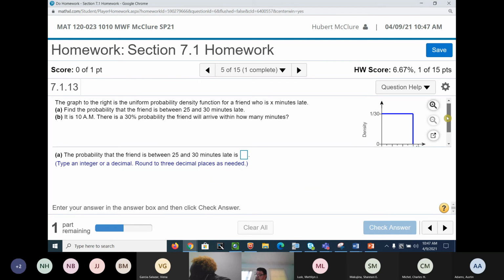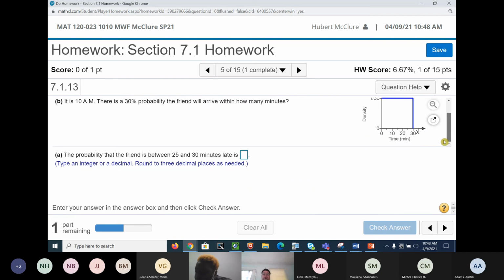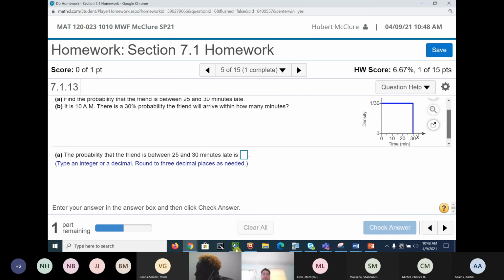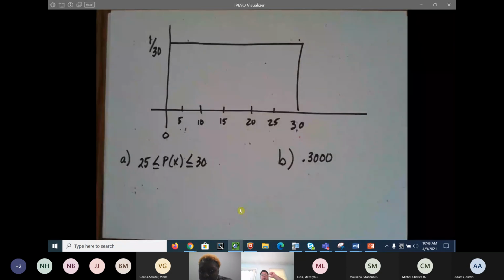B says there is a 30% probability the friend will arrive within how many minutes? 30% probability, so that's 0.3000. Okay, so I'm going to show you what I got here. That's what I wrote down. That's what you should write down in your notes when you do this homework problem.